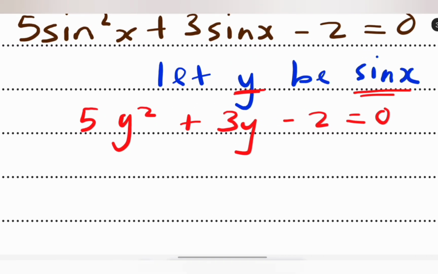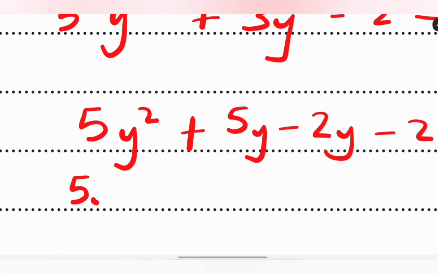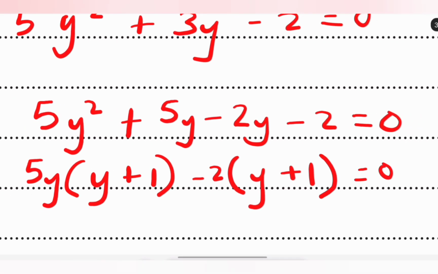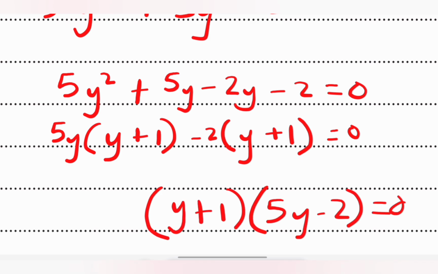And that gives us 5y squared plus 5y minus 2y minus 2 is equal to 0. And that's 5y(y plus 1) minus 2(y plus 1) is equal to 0. And this comes down to (y plus 1) and our (5y minus 2) being equal to 0.